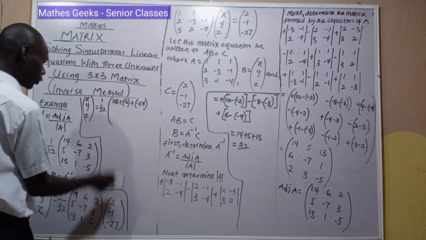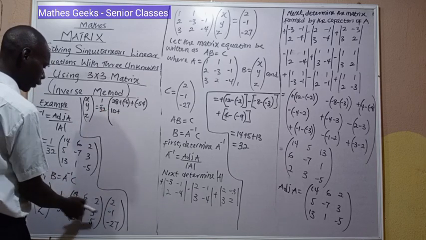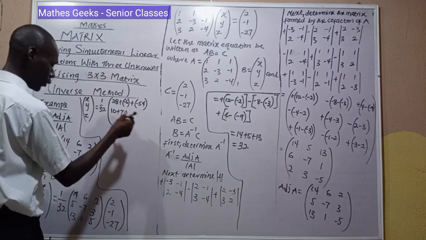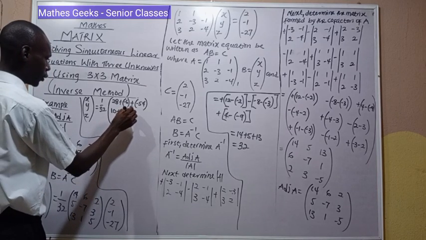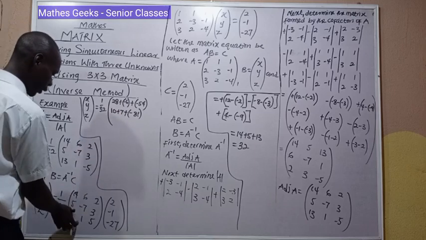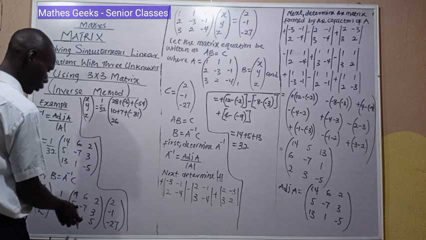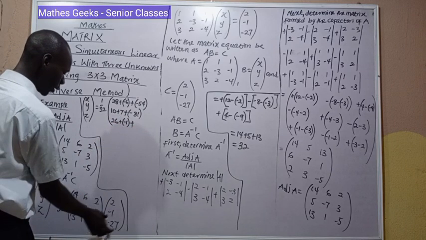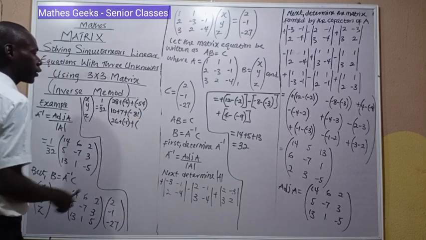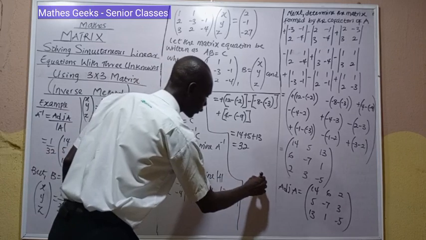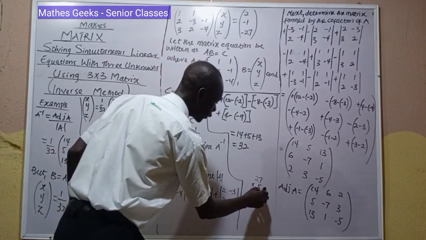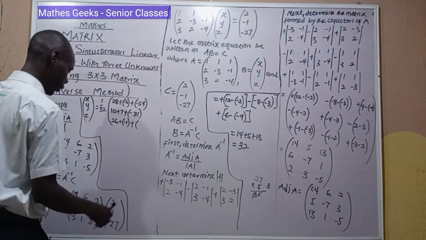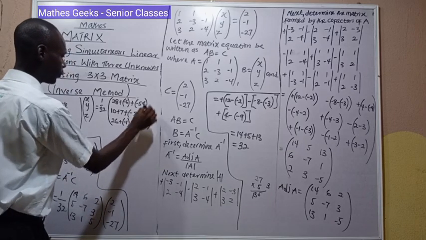And 5 times 2 is 10, plus minus 7 times minus 1 is plus 7, plus 3 times minus 27 is minus 81. 13 times 2 is 26, 1 times minus 1 is minus 1, plus 5 times minus 27 is minus 135.